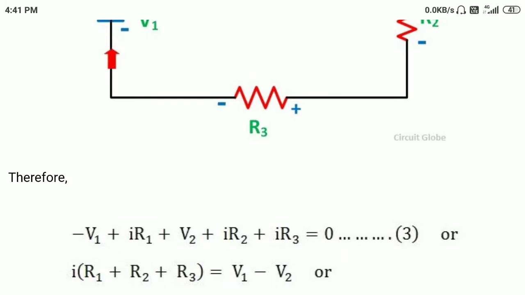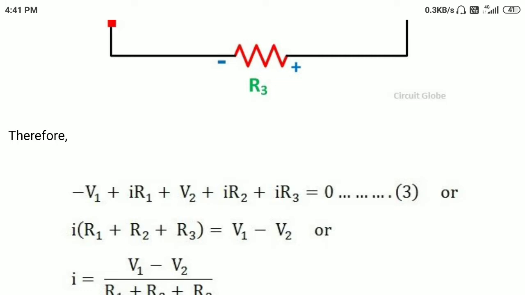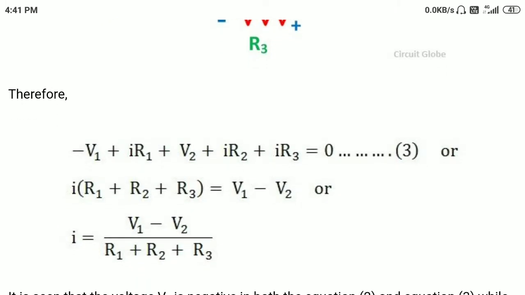Therefore, minus V1 plus IR1 plus V2 plus IR2 plus IR3 is equal to 0. Here the current is entering the potential of negative, and in resistance one the current is entering the positive side.